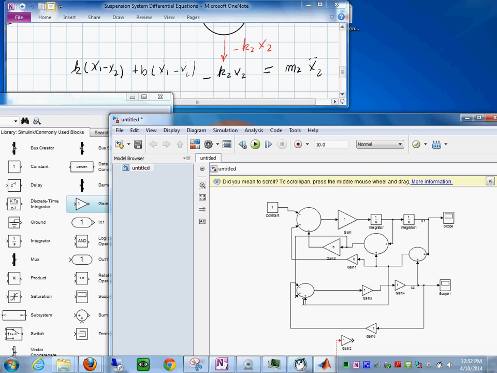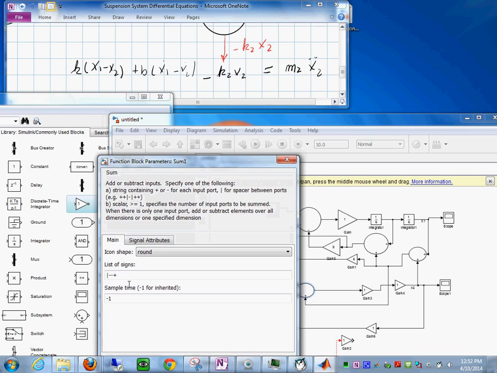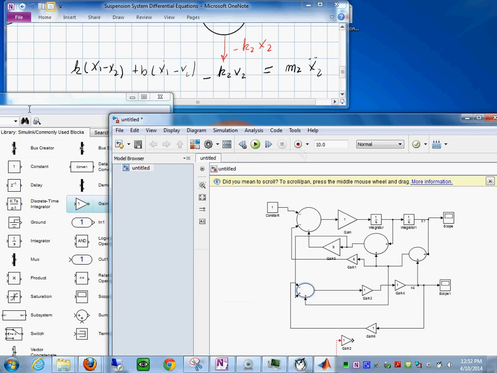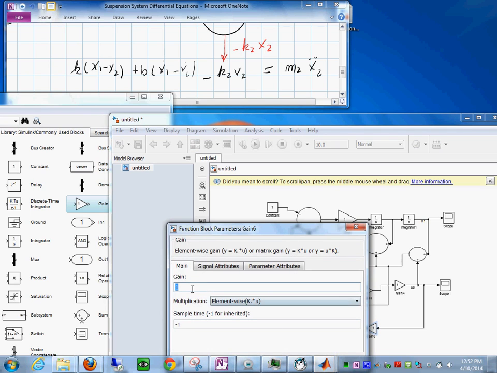The other one is also plus, so we need to change that. Okay, and then k2, that's a negative one, so we're doing good. So in here you have a gain of k2.